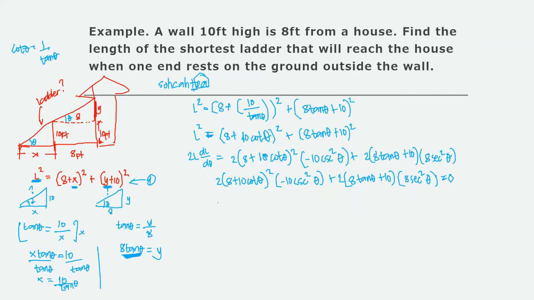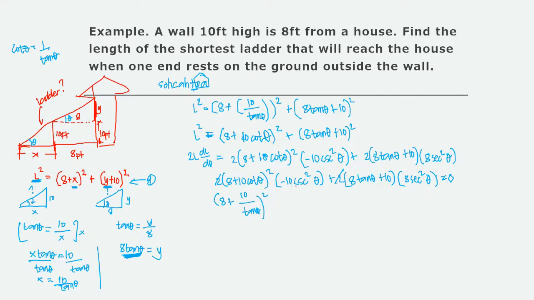From here, we can divide both sides by 2 since we also have 2 on the other term, so we can cancel this already. If you divide 0 by 2, that would still give us a value of 0. So from here, we can replace 10 cot theta by its original value, which is 10 over tangent theta squared.